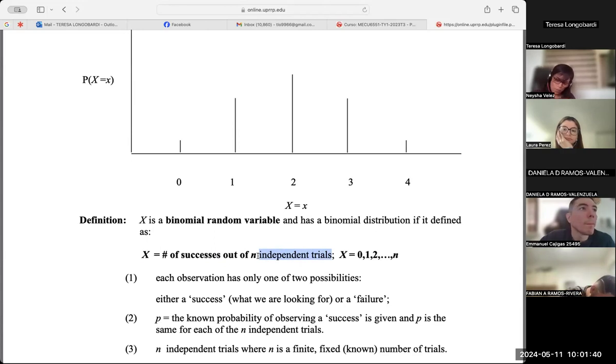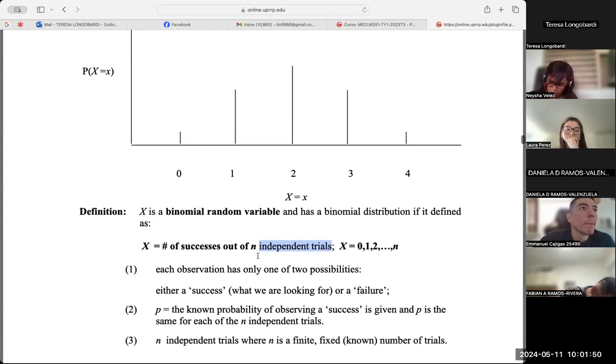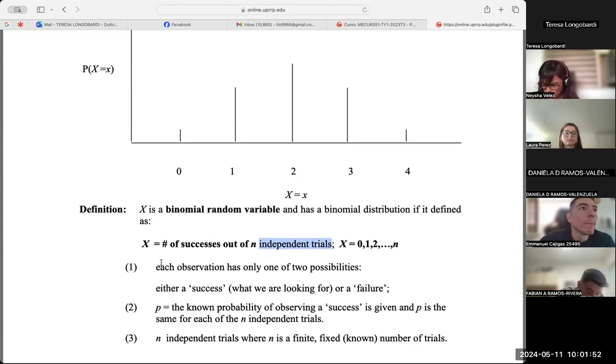The probability of seeing a tail doesn't change for each observation, trial, or flip. The conditions are that there are only 2 possible outcomes each time. The success is what we're looking for, and if it's not what we're looking for, we call that a failure.